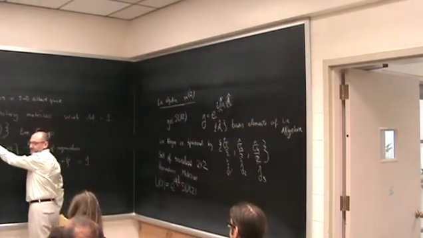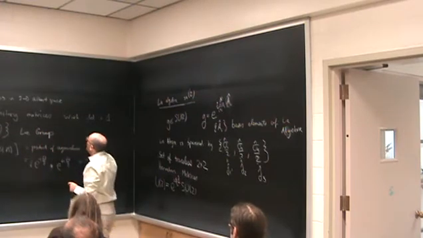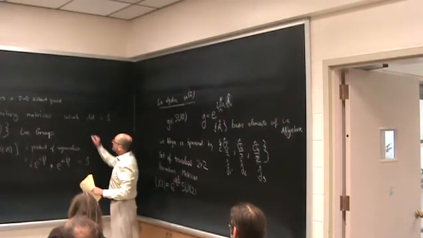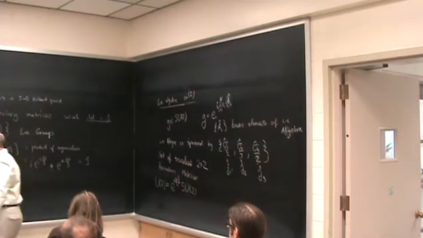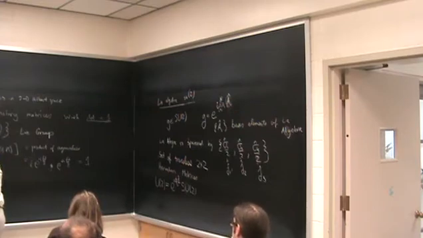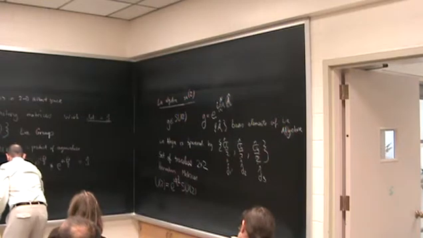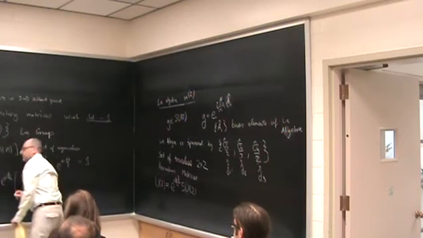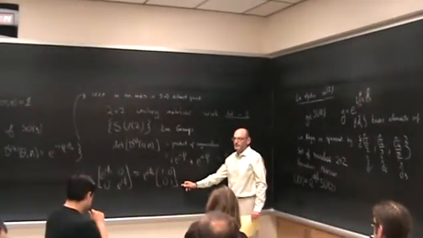There is the group SU2. SU2 is the group of unitary matrices with determinant 1. Here is an example of a unitary matrix built from the identity, whose trace is not zero. This is a unitary matrix, but its determinant does not equal 1.